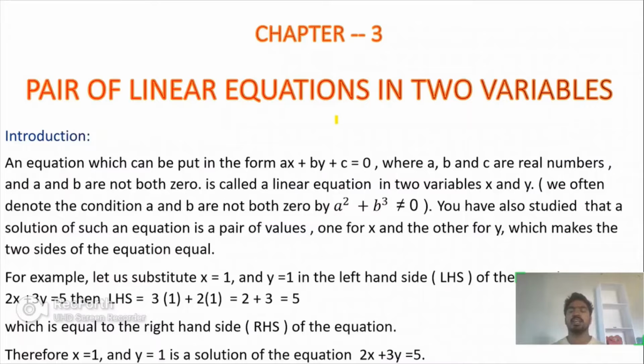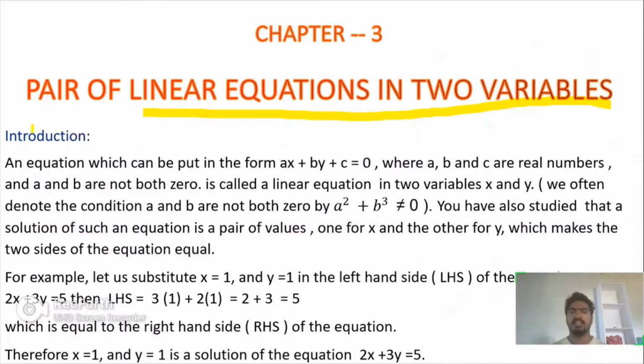In the second chapter, we have seen that all these polynomials are represented in only one variable, so all the terms in the polynomial have coefficients of the same variable. But here, in chapter 3, these are linear equations in two variables. That is, the equation is made up of two variables that may be either x or y or z or a or b and so on.